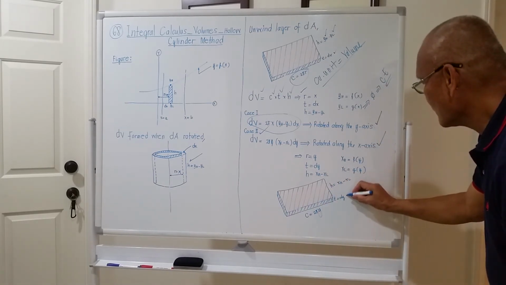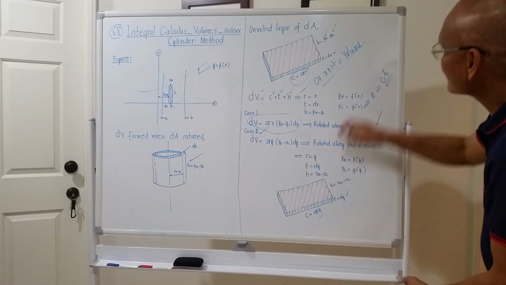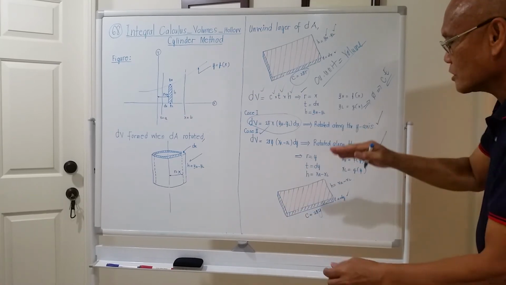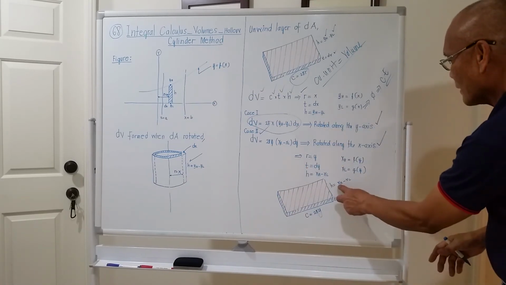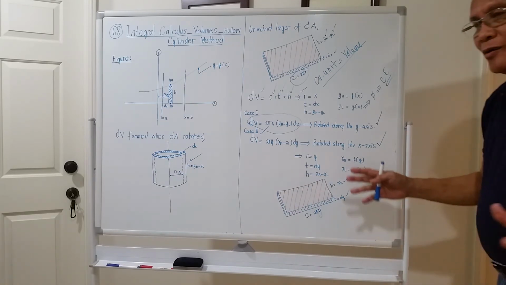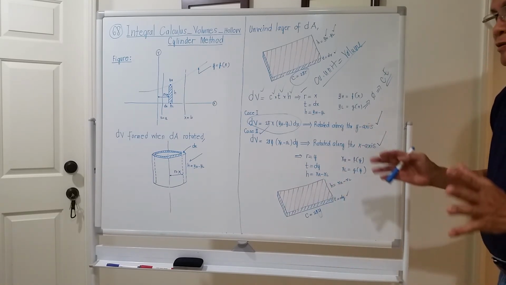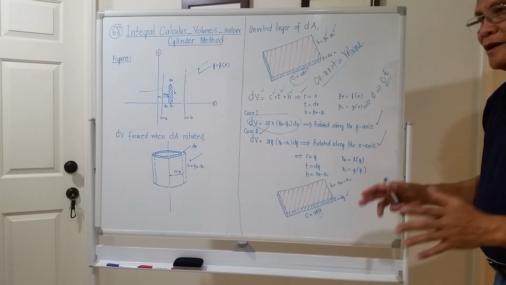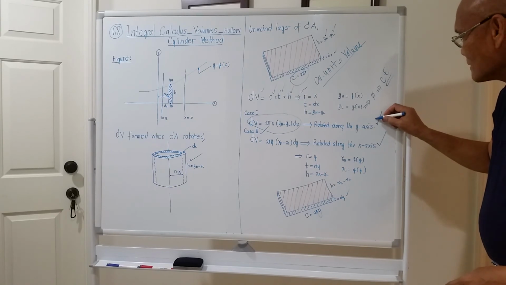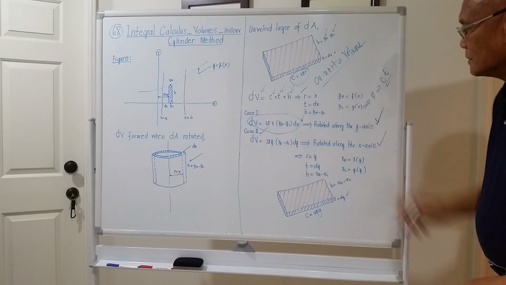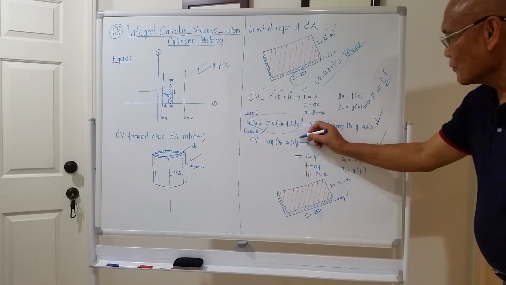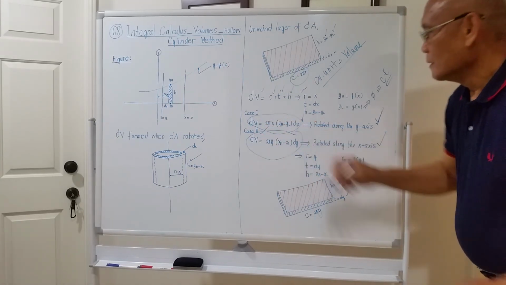And the thickness is dy, and the height, instead of y higher minus y lower, since this is to be rotated with respect to the x-axis, it should be xr minus xl. So there are only 2 variations. To bring out a formula on how to take the volume, if it is rotated with respect to the y-axis, this will be the formula. If it is rotated with respect to the x-axis, this should be the formula.